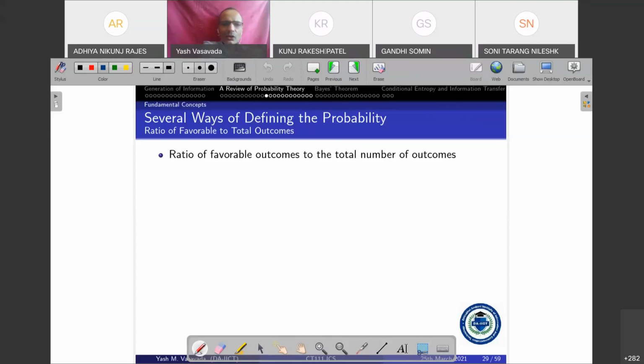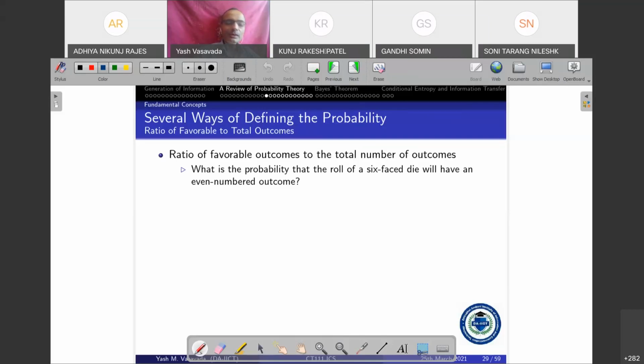A very common definition is the ratio of favorable outcomes to the total number of outcomes. So what is the probability that the roll of a 6-faced die will have an even numbered outcome? The total number of outcomes is 6, even outcomes are 3, and so the ratio is 1/2, so you say that this probability is 1/2.